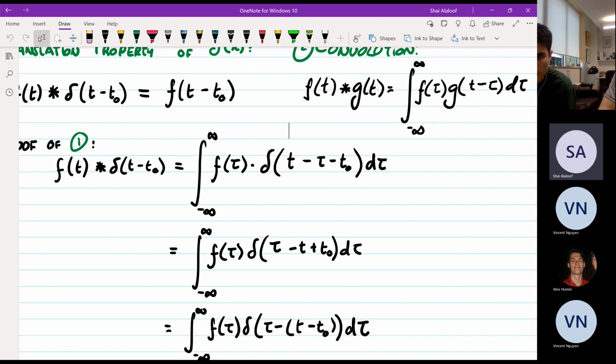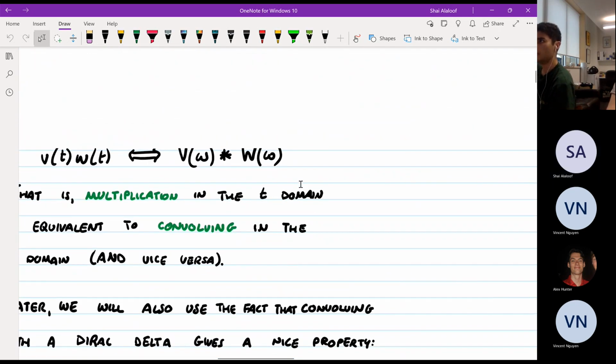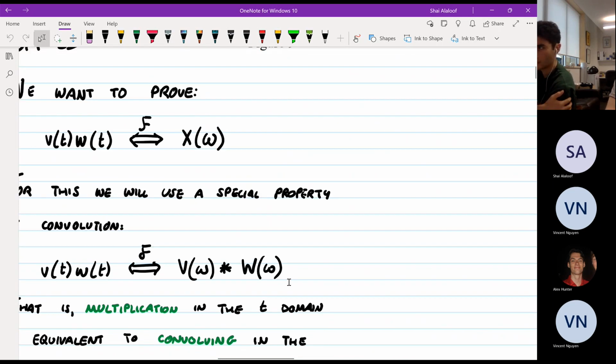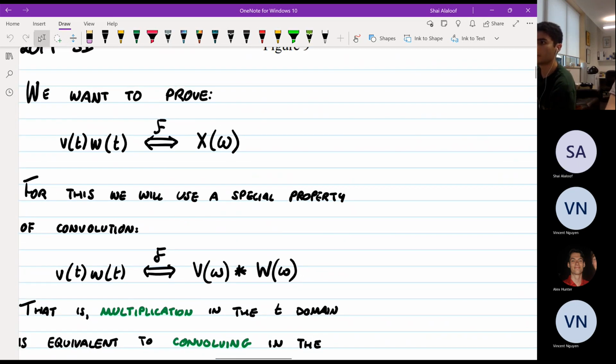Is the convolution operator present on either side of the equation? So we can have x of t convolved with w of t to get x of omega.